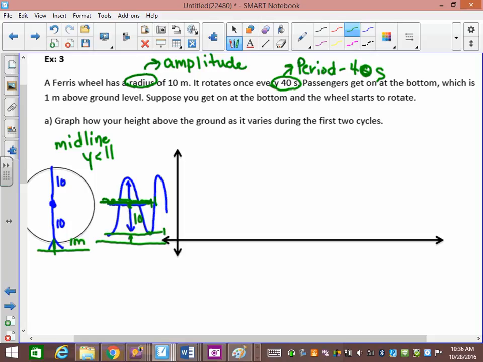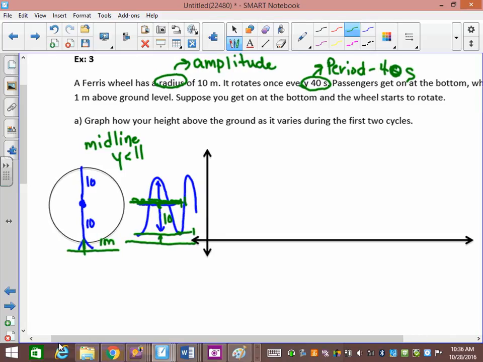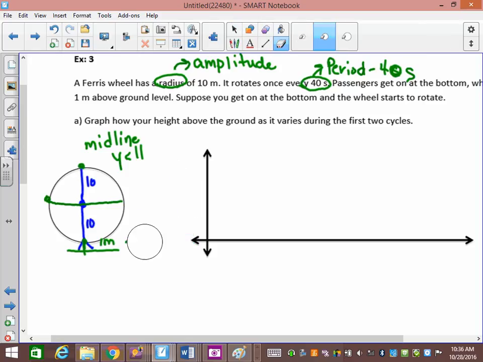Now, if I want to actually sketch this out, I know every 40 seconds it rotates. And it's easier to sketch this out if you break your circle up into quarters. So I'm going to look at it when I get to here, when I get to here, when I get to here, when I get to here. I'm going to erase this part because it's not very accurate.